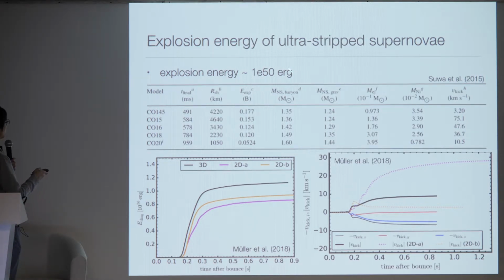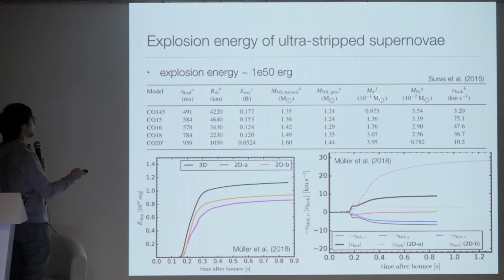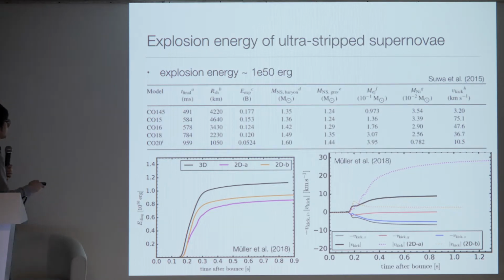What's important is they predict an explosion energy of about 10 to the 50 ergs, smaller than the usual supernovae, and the ejecta mass is 0.1 or a few. This is the expected ejecta mass, normalized to 0.1.